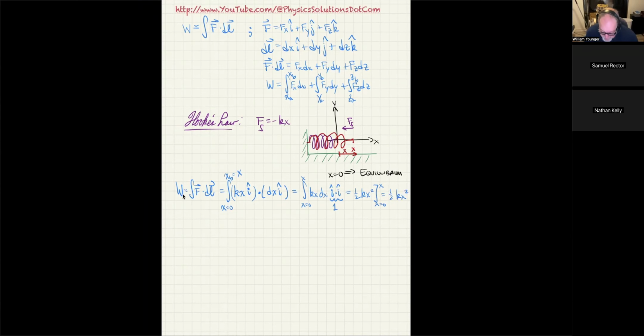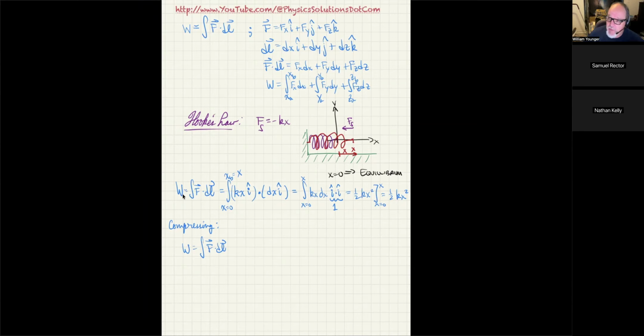Now, if we did the same thing, except in compressing it, watch what would happen. So compressing. Work is equal to the integral of f dot dl. And this is where I told you again, you have to let us know which direction the integration is, either by using the dl or by using the limits of integration.